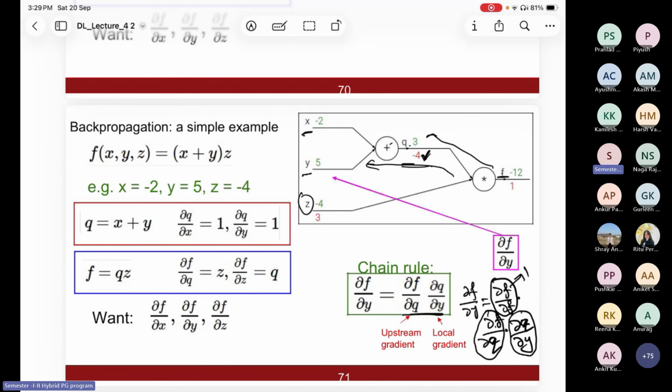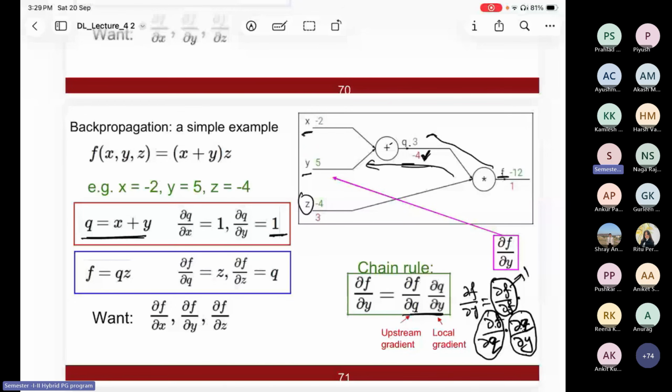Now, what is this del q by del y? What is the q function? Q function is this, q equal to x plus y, and del q by del y is 1. That we already have computed. So just multiply all these things.